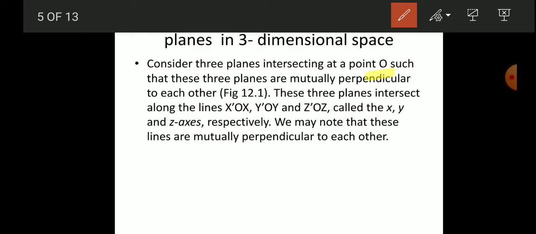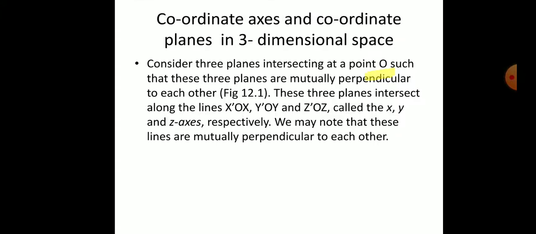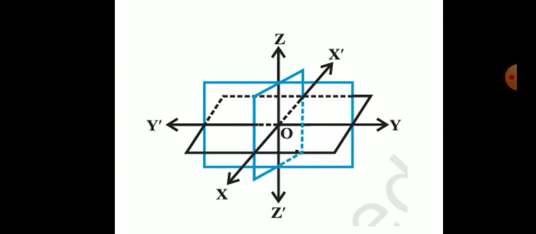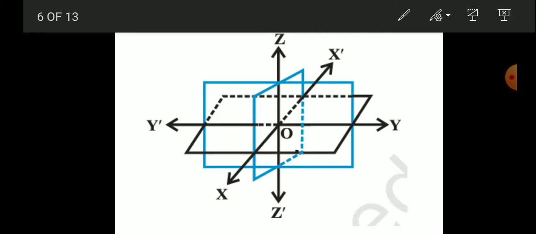Let us see the dimension so we can understand in a nice way. Here we can look at the x coordinate, the positive and negative values, the y coordinate, and z, the vertical one. Here three planes are intersecting, shown by the blue lines.